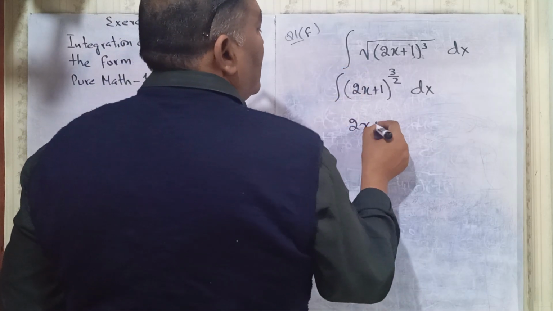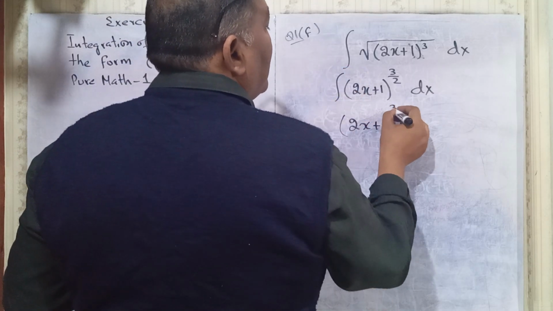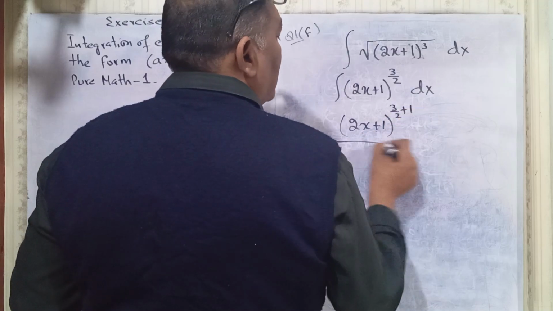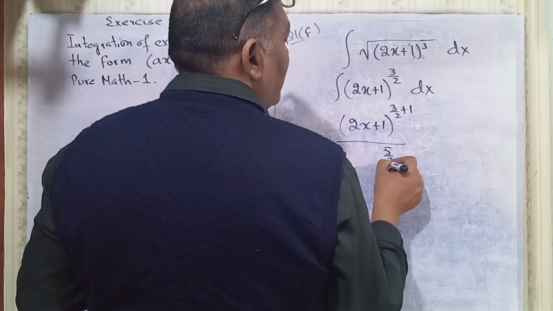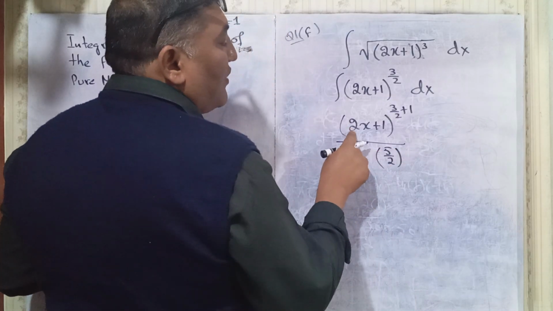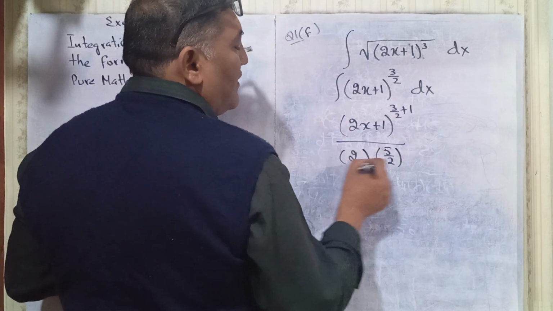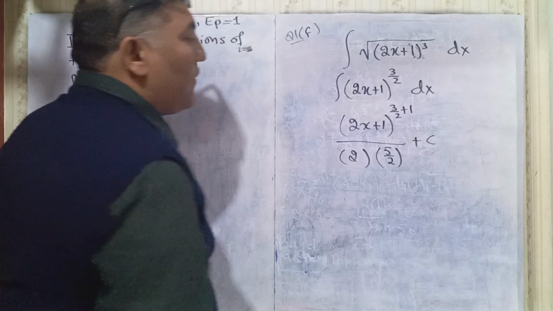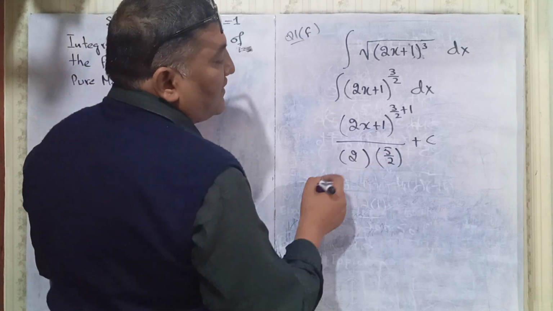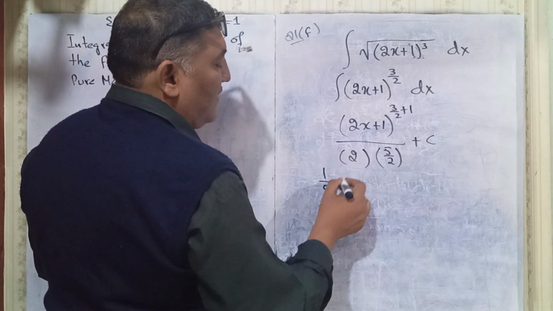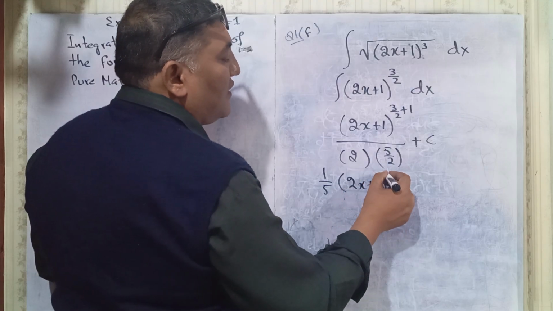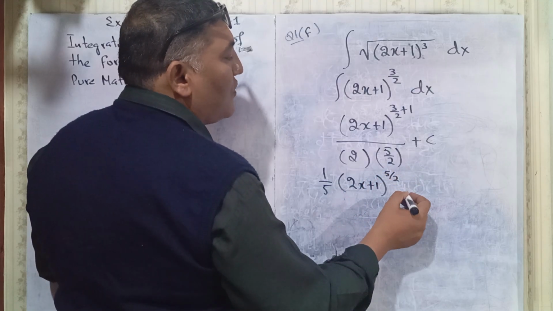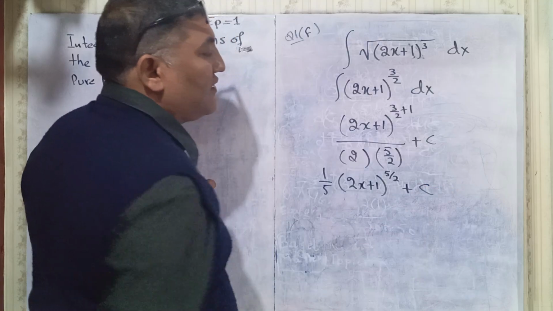So very simple. The power will be increased by 1. So this is 3 by 2 plus 1, 5 by 2. You write that same number here, whatever is the number here, write it here, and plus c. 2 and 2 cancel. So you are left with 1 by 5 into (2x plus 1) raised to power 5 by 2 plus c.